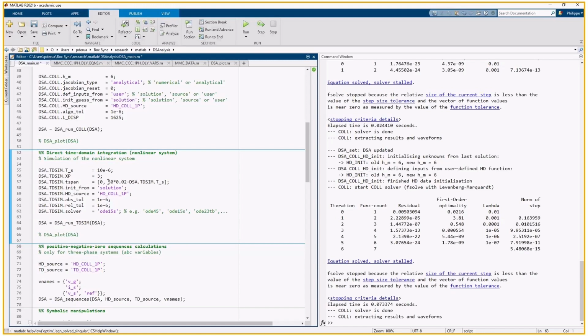with DDE23. So let's see, we'll keep the same sampling period, which is the time step. We'll solve for five fundamental periods, and we will start from the source, this particular source.